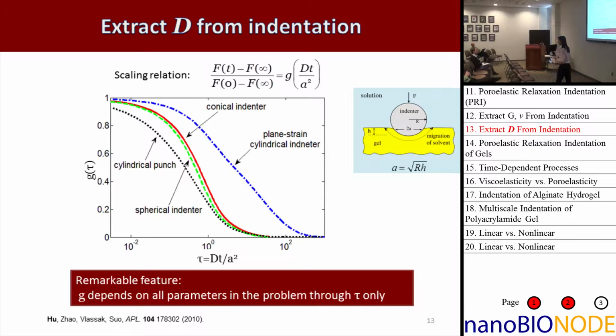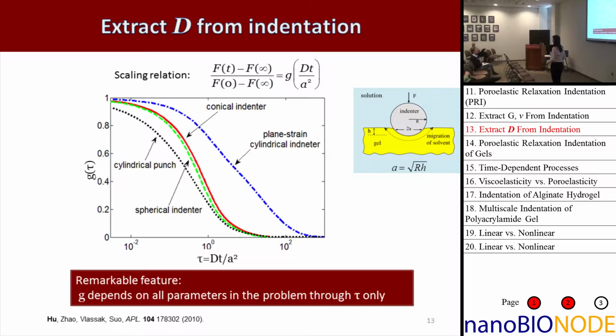And I did a finite element calculation. I proved this is exactly the case. And most importantly, I proved that if you normalize the force in this form, it just rescales the force relaxation function from 0 to 1. Then this force relaxation function is a function of non-dimensionalized time, Dt over a squared, only.